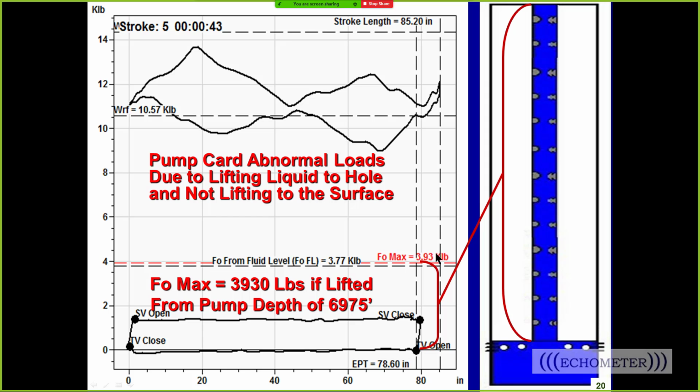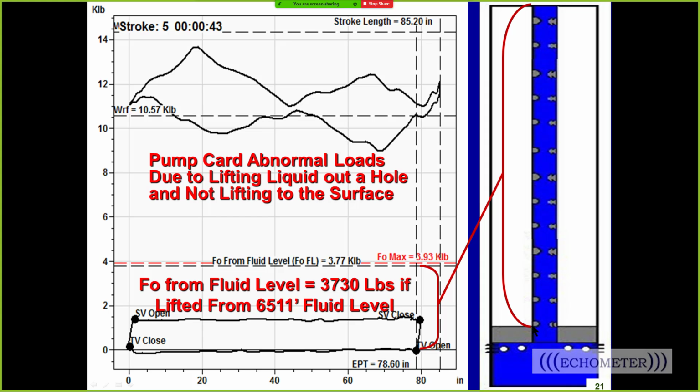It's short. Well, if the liquid level is where it is, there's some oil in the annulus above the pump, then that means that the pump has to do less work because the liquid here is helping lift the fluid. And now the pump card should only be up FO from the fluid level. That's how tall it should be. Well, it's not. It's less height.